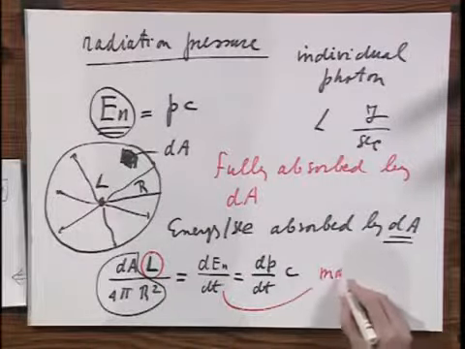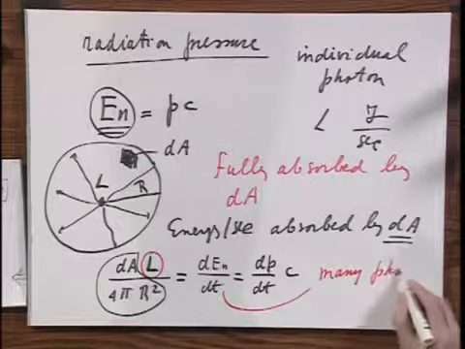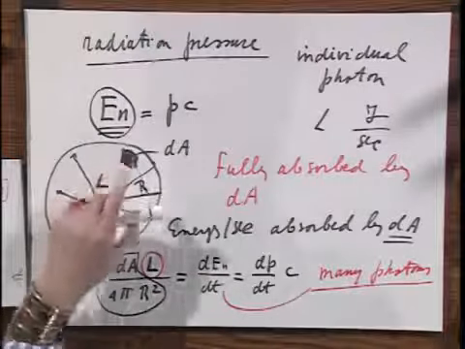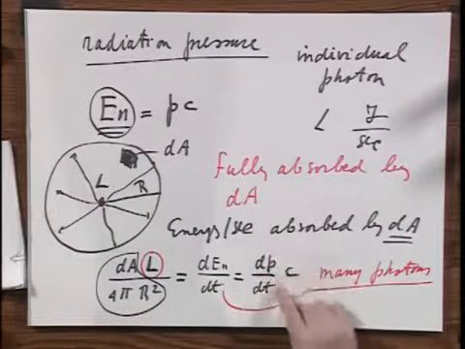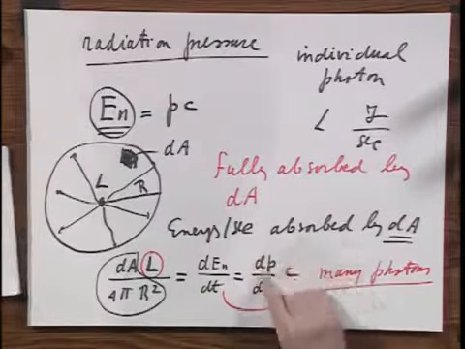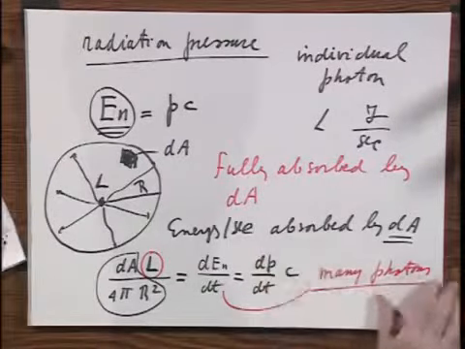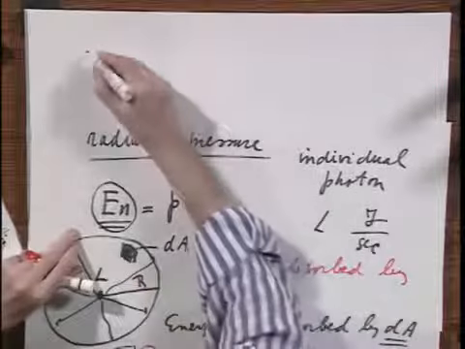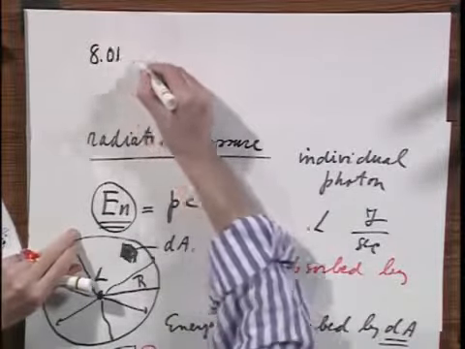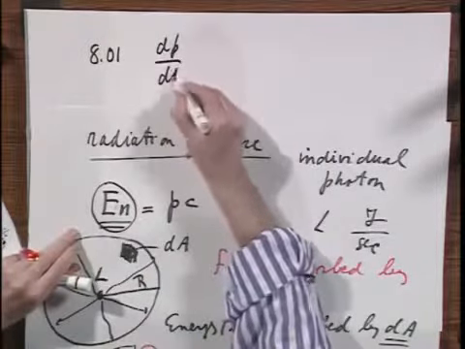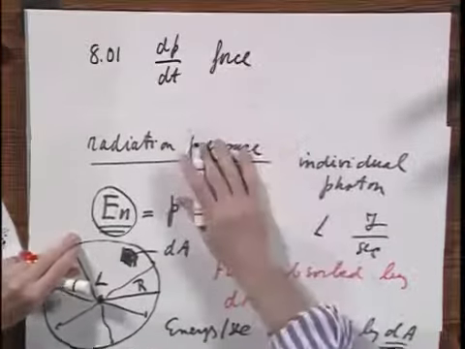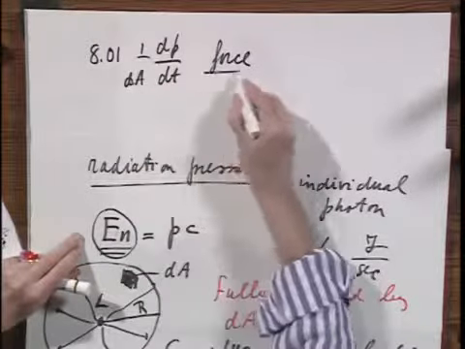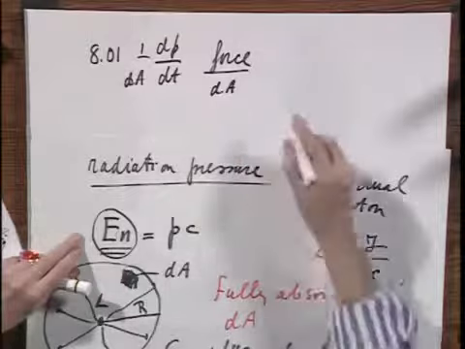Now these are not individual photons anymore, because L represents many, many photons. So this is the result of many photons. And these many photons bombarding this surface element dA cause a force. You see, right here, dp/dt represents a force. If we go back to 801, you remember that dp/dt is a force. And if I take the force and divide that by the area dA, then I get a pressure.